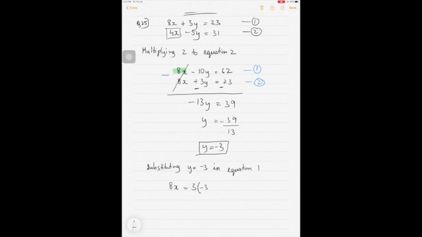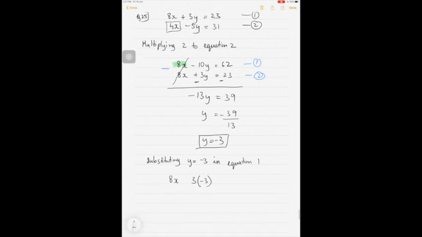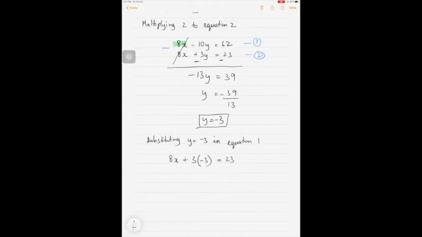So 8x plus 3 into minus 3 is equal to 23.